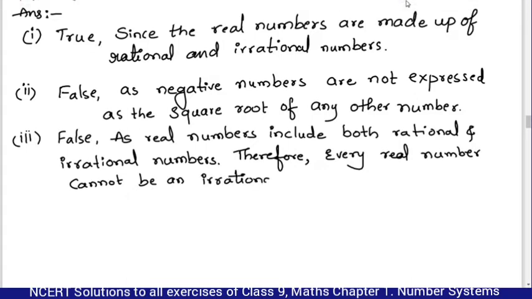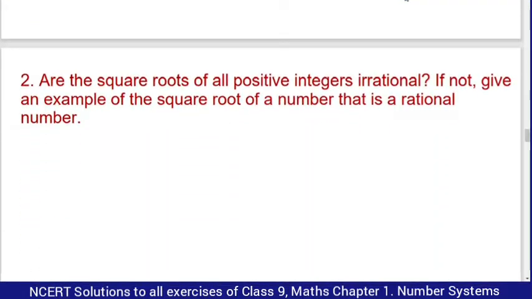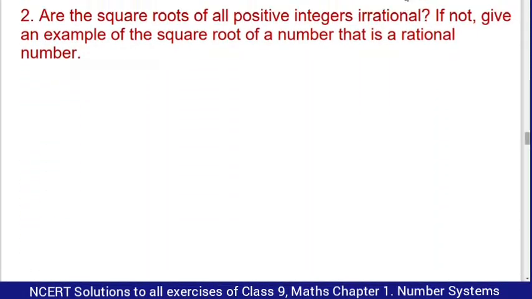Second question, are the square roots of all positive integers irrational? If not, give an example of the square root of a number that is a rational number.